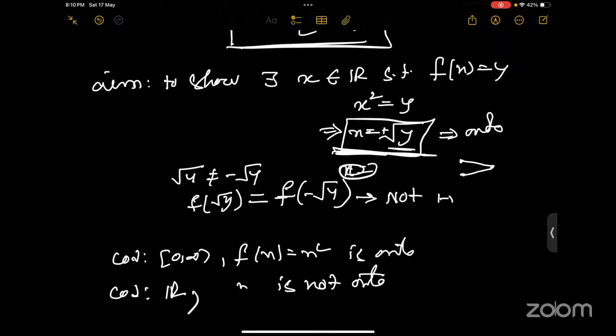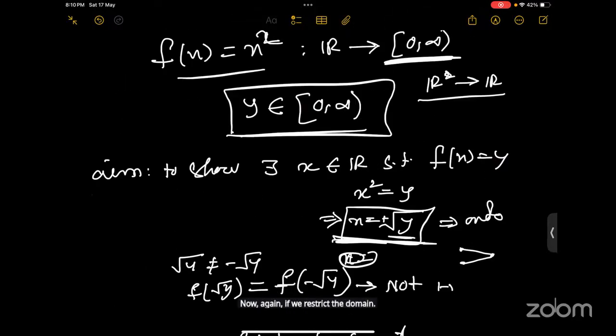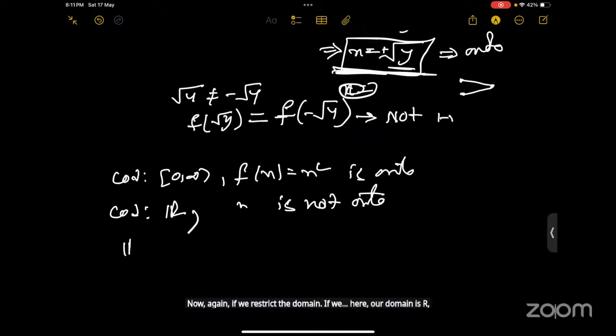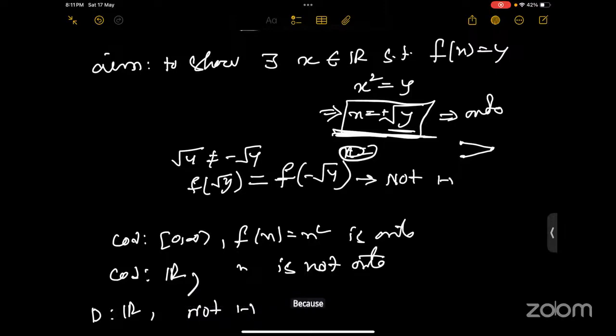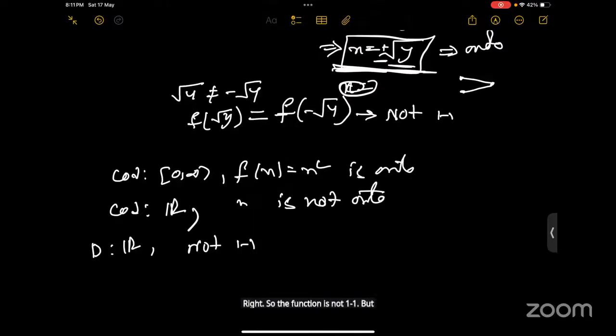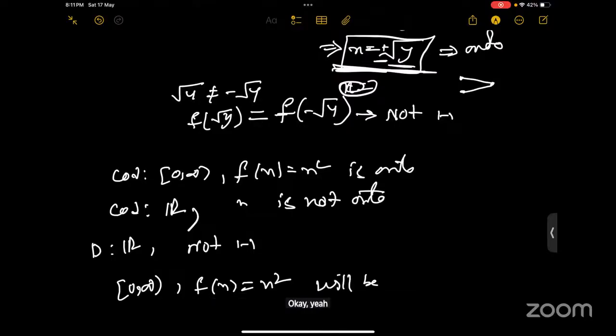Now, again, if we restrict the domain, here our domain is R. When the domain is R, the function is not one-one, because of this plus minus. Root over y is not equal to minus root over y, but their images are the same. So the function is not one-one. But suppose we restrict our domain to 0 to infinity, then the function f will be one-one and onto, because we are just excluding the negative points.